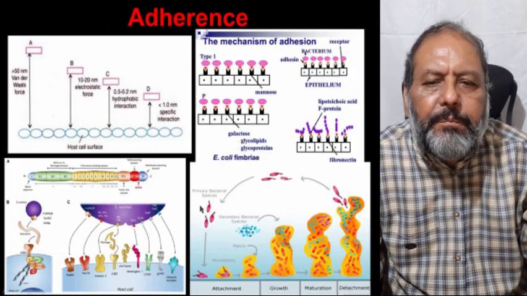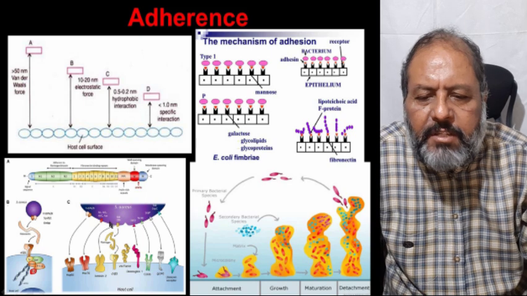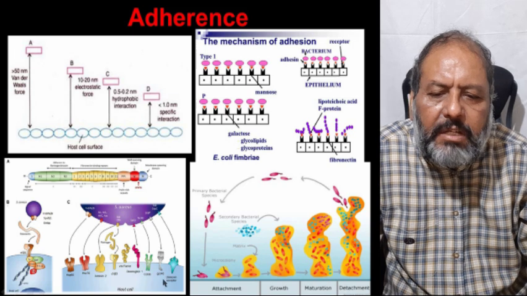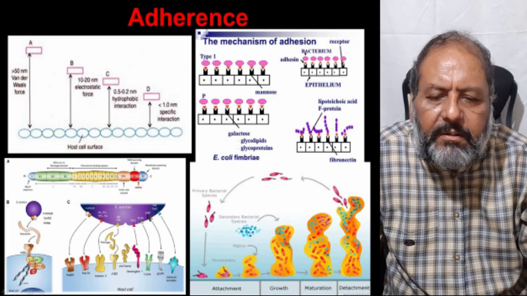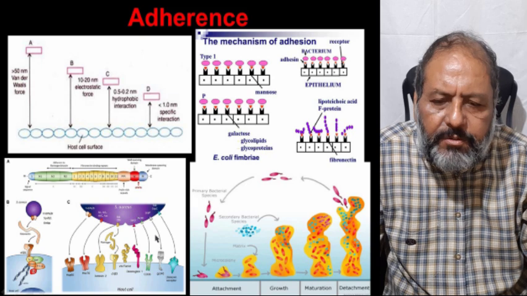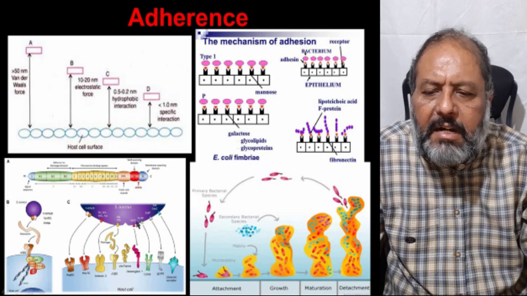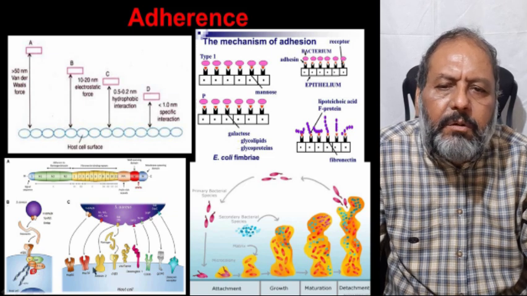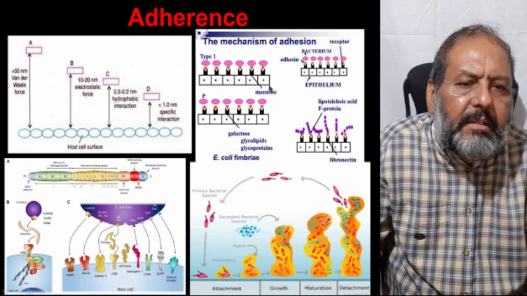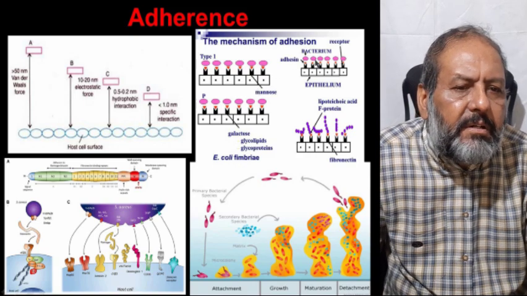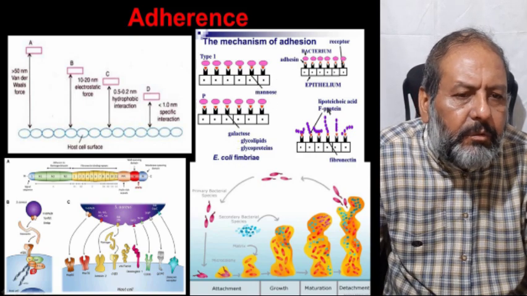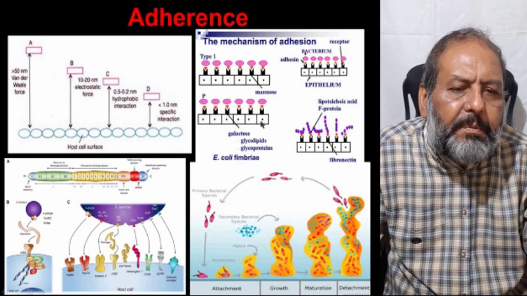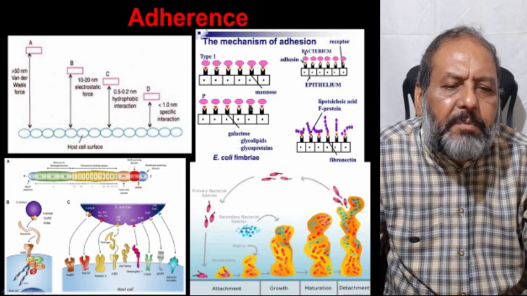Here one can see the different receptors of the bacteria and different receptors of the host cell that interact and facilitate the adherence, and then it is going to cause damage to the host cell by getting entry into the host cell. Similarly, one can see the mechanism of adhesion, the different types of molecules, as one can see the proteins, capable of attaching to the receptor of the host.